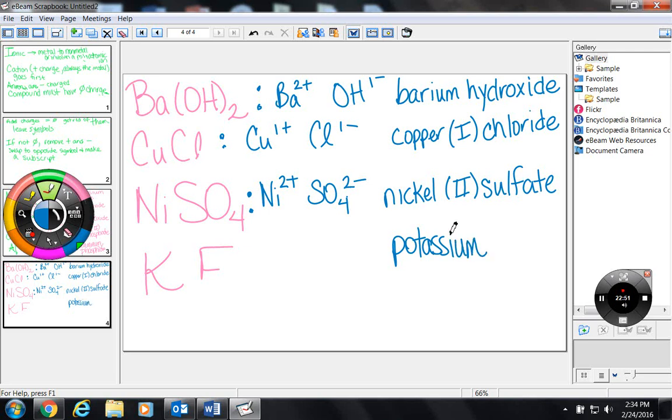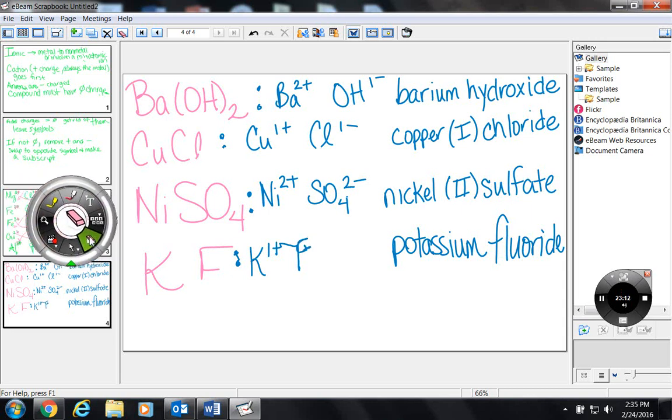It's not a transition metal. It has a +1 charge because chloride has a -1 charge. That's how you know.